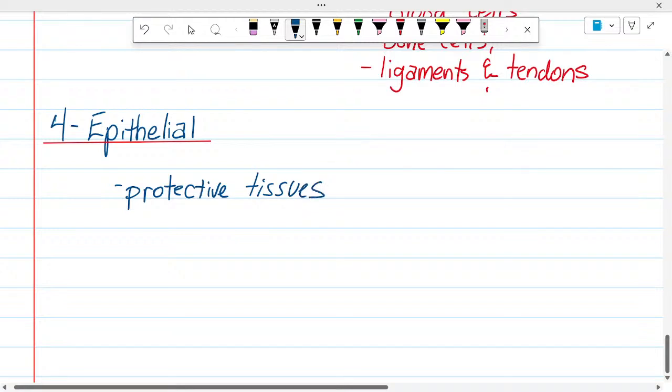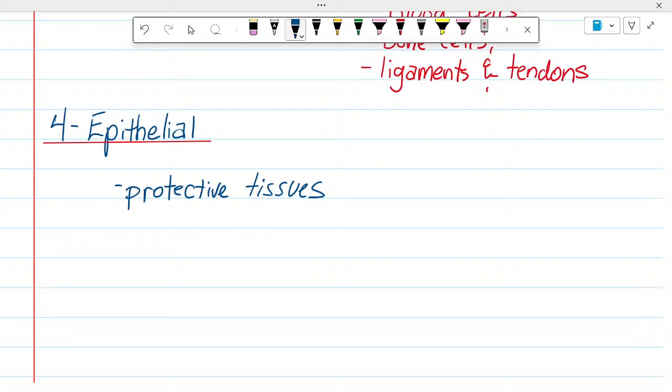You have what's called the pericardium. This is a membrane of tough tissue that surrounds your heart to protect it from the outside world. You have epithelial tissue lining any place your body is exposed to the outside world, right? So your skin is obviously an example, but there's an epithelial layer of your eyes. There's an epithelial layer all through your alimentary canal, right? Because from mouth to esophagus to stomach to intestines to rectum to anus, all of that is exposed to the outside world.